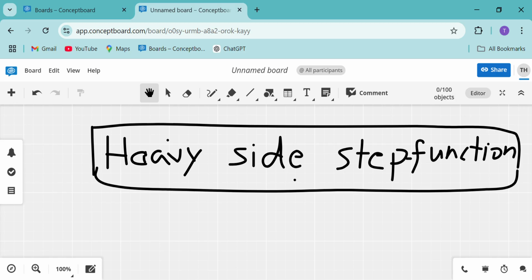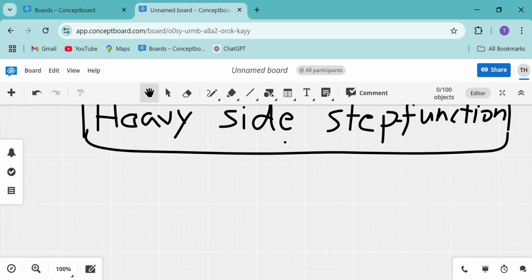As we have started Laplace transformation, now we will know about the Heaviside step function. First of all, we will know what is the step function.